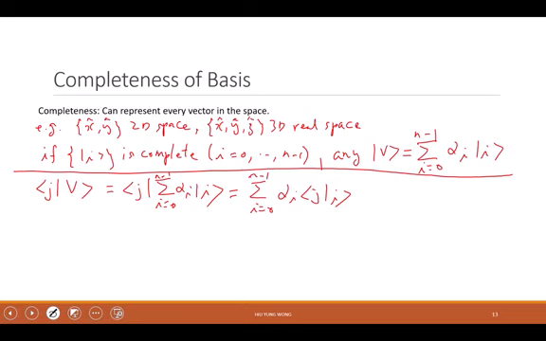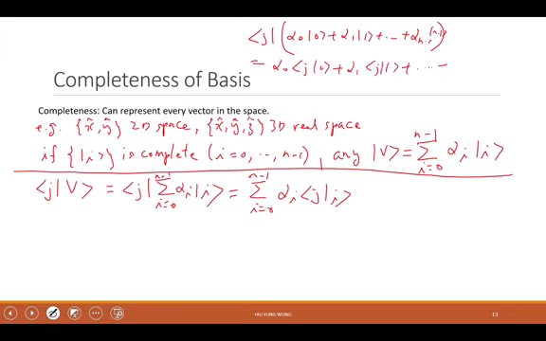This is just like <j| operating on alpha 0 |0> plus alpha 1 |1>, all the way to alpha n minus 1 |n minus 1>. And this is just equal to alpha 0 <j|0> plus alpha 1 <j|1> plus all the way to alpha n minus 1 <j|n minus 1>. Make sense? That is what it is saying here.